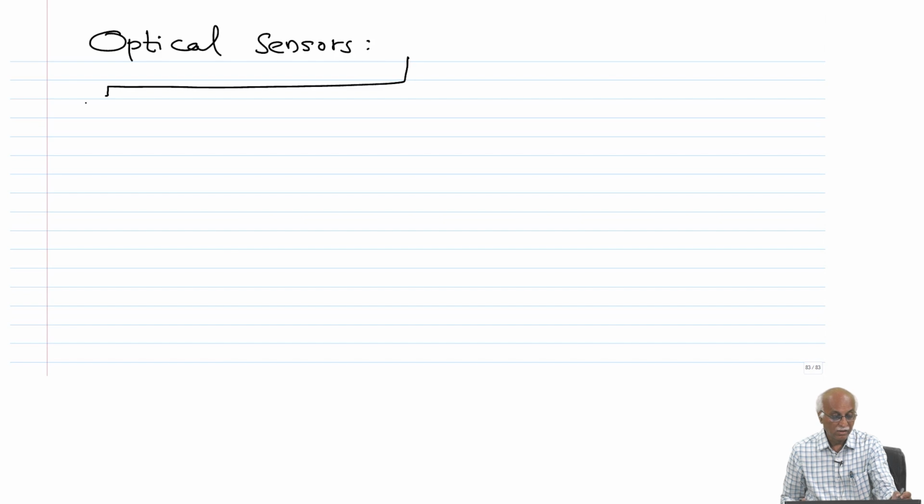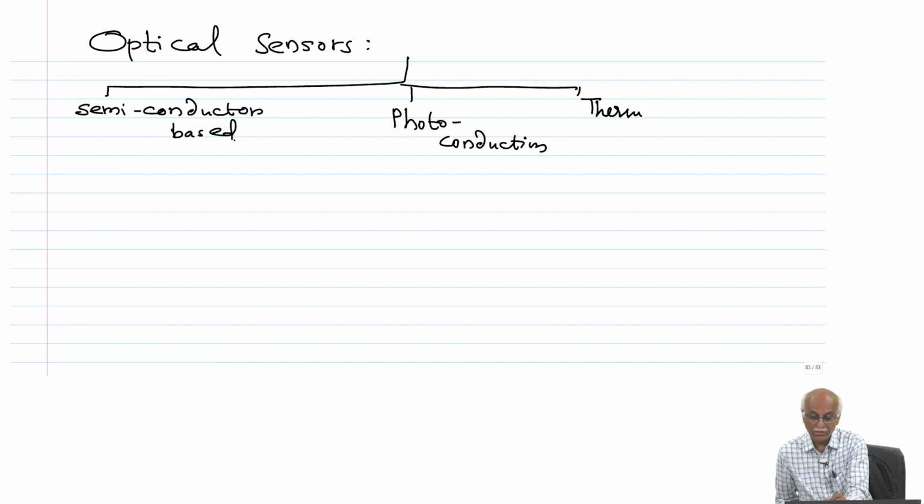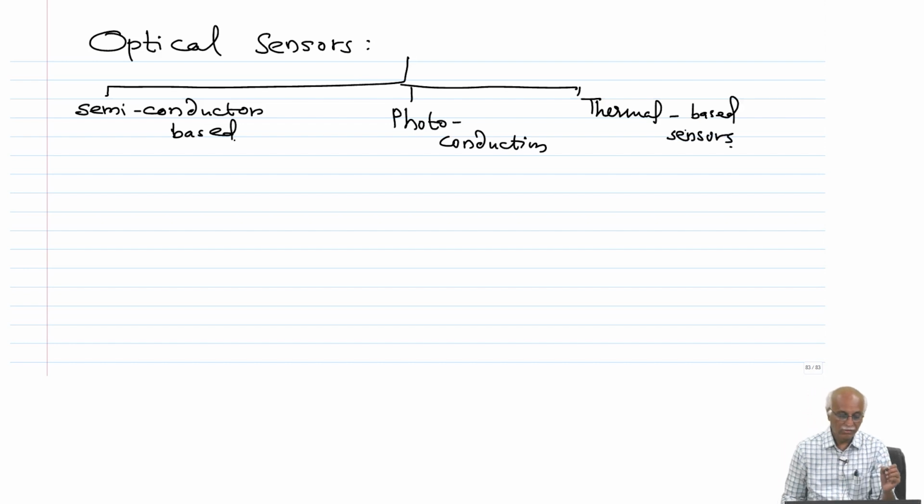One is semiconductor based sensors. The other is photoconducting devices, and the third is thermal based sensors. In the infrared range, we can use thermal based sensors.